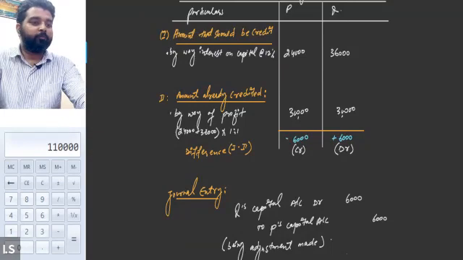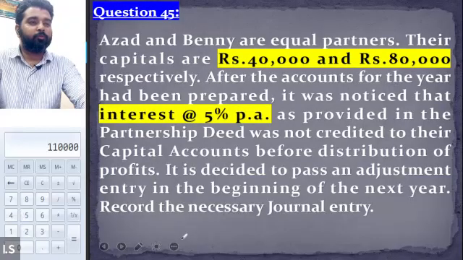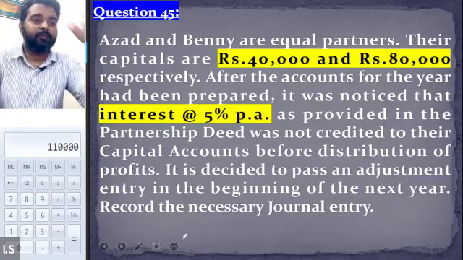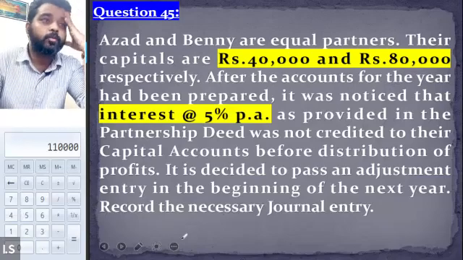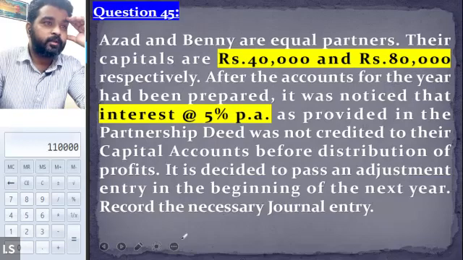So both of you, I'm giving you one similar question, and I want both of you to try it. I'm sure both of you will be able to solve it. This one is almost similar to the previous question we just discussed. This is question number 45, which says that Azad and Bani, two partners, are equal partners, so their profit sharing ratio is 1:1, and their capitals are 40,000 and 80,000 respectively.